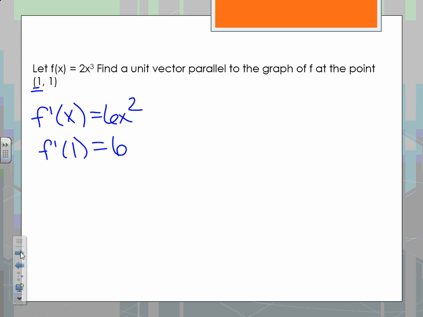All right. First of all, let's talk about our parallel vector. We need to write a vector that would be parallel to a line with slope 6. We do the i and j thing. So come up with one for me.